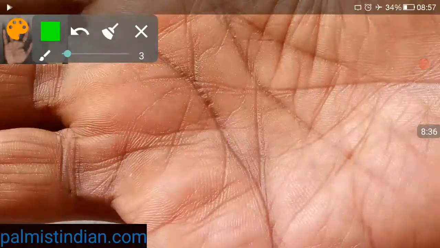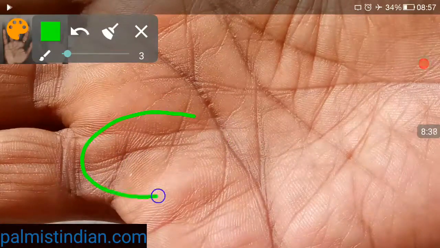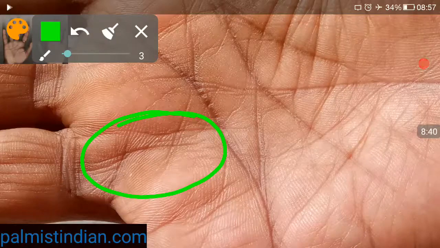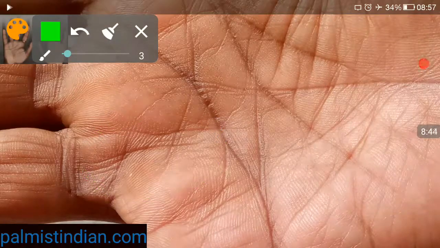And having a strong line under the finger of Sun is always good from a career point of view, and it basically depicts that the person would get good name and fame, and the person's career is going to be stable and secure, and he would be known for the work he's doing.